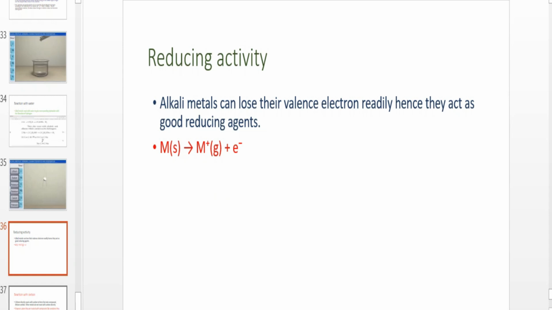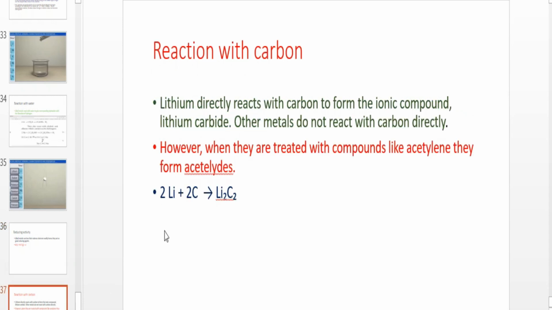Okay, in a chemical reaction, if electron is gained, that reaction is said to be reduction. Here, as these alkali metals lose their valence electron, that becomes a source for reduction reaction. So these alkali metals are acting as good reducing agents.